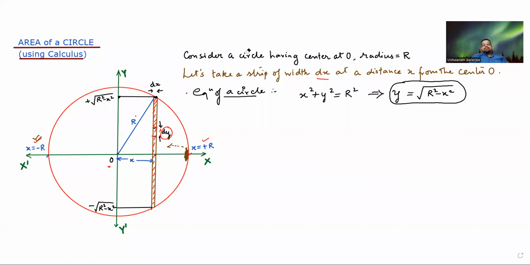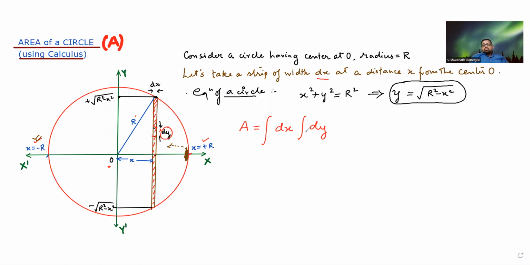Okay, so let us consider the area of the circle to be A. So your area A is equal to integral dx integral dy.